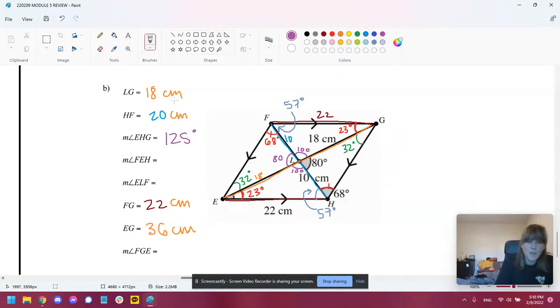Yeah. FEH, starting at F, going to E, ending at H, FEH. I'm going to add these two together. 32 plus 23 is 55. EF, E to F, that's 80. FGE, FG to E, let's go down here. So that's just this 23.